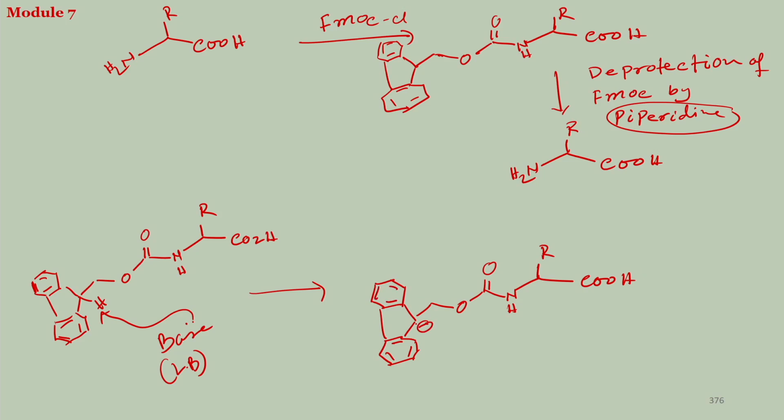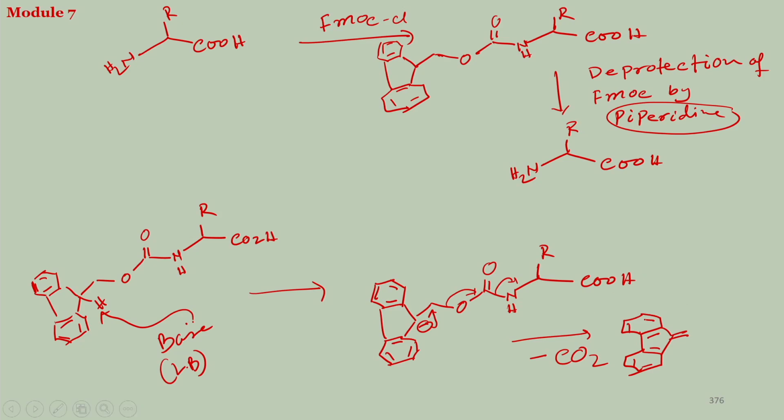So, it generates a negative charge here. So, the negative charge goes there, obviously, that comes here, goes here. So, again it will release a molecule of carbon dioxide, and it will form a double bond.